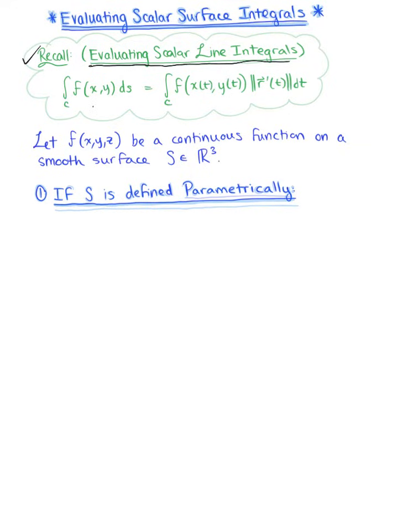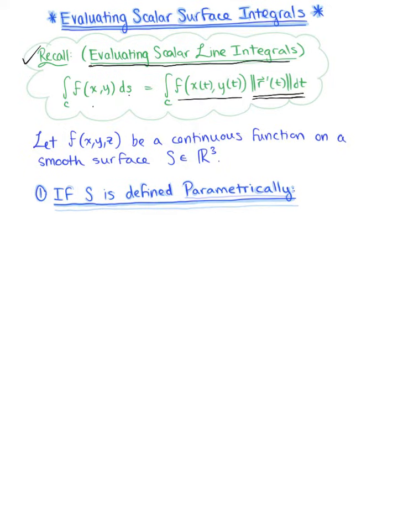So given a line integral over a curve C of a function f of x, y, integrating with respect to the arc length, to integrate this, we rewrite this line integral over the curve C as the parameterized function f of x of t, y of t, and we multiply this by the magnitude of the tangent vector with respect to t.